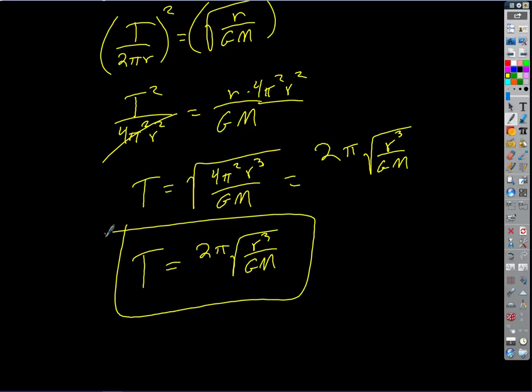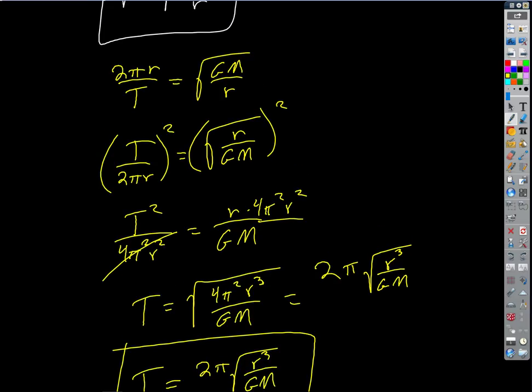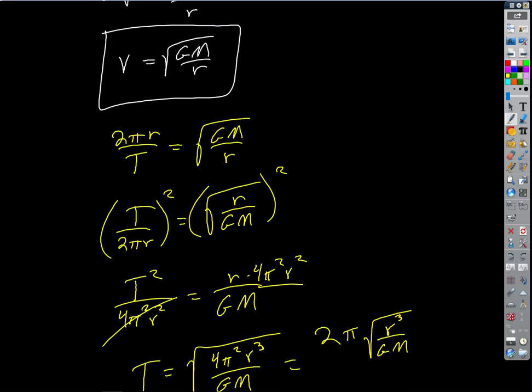So we do get these two pretty convenient formulas, right? And just remember that when we talk about a big M, that's the mass of the gravitational center, we'll call it. Whether it's a communications satellite orbiting the Earth, or it's a planet orbiting a star, or it's a star orbiting the center of a galaxy, it doesn't matter, right?